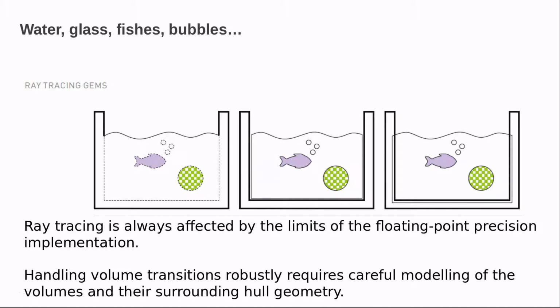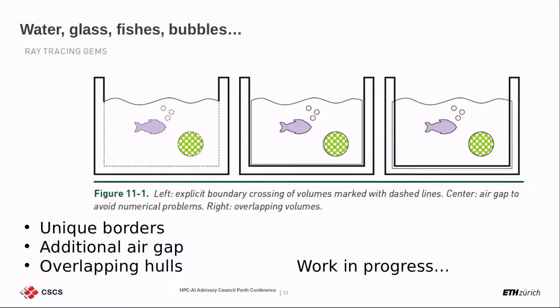Should there be no physical boundary, or should there be a little gap, or should the boundaries overlap? Those are not rhetorical questions. They are really very important. Should we implement unique borders, an additional air gap?